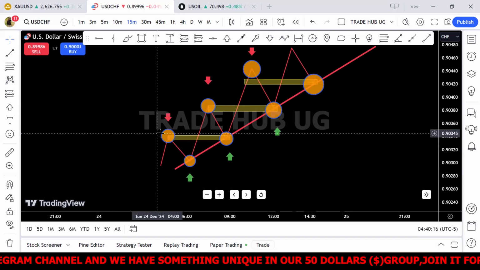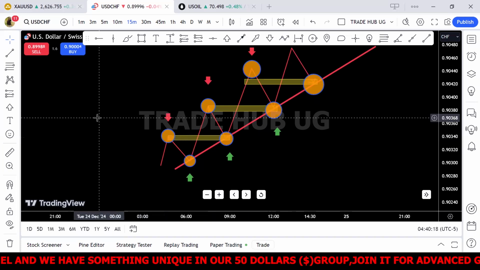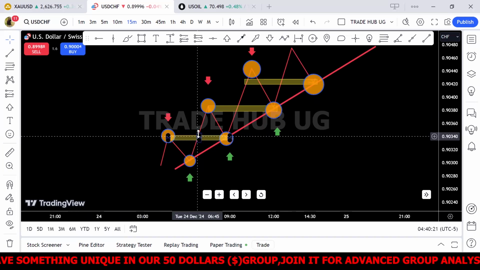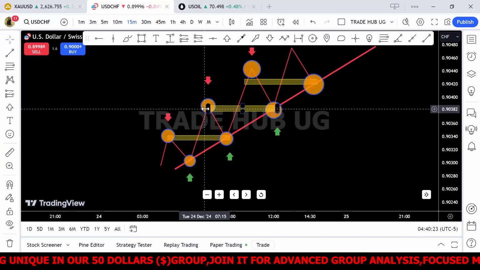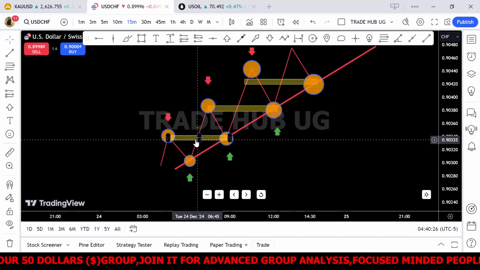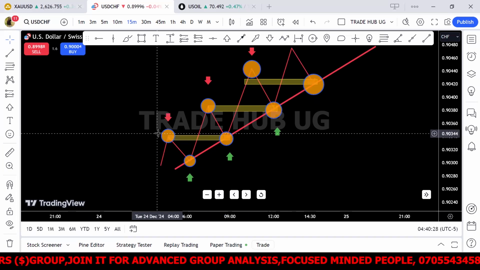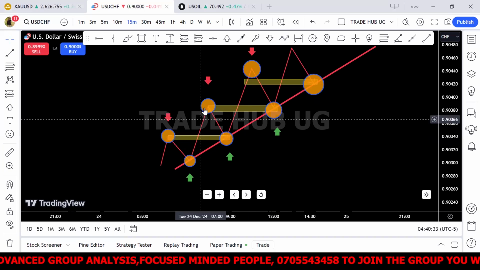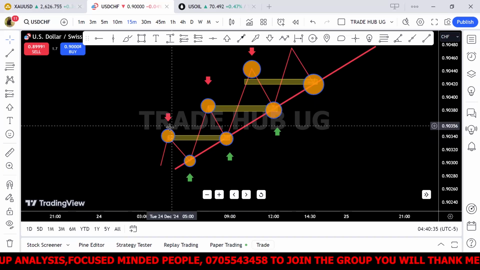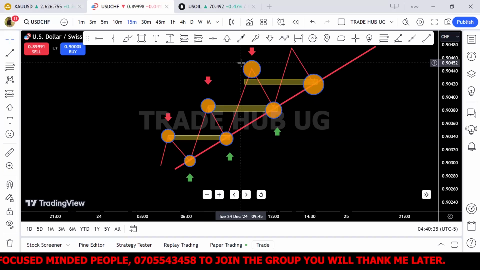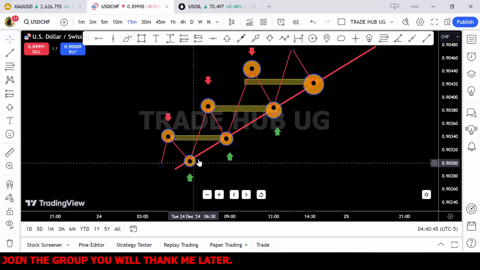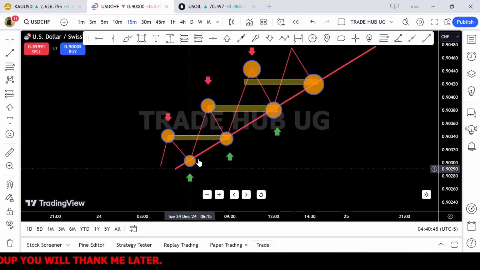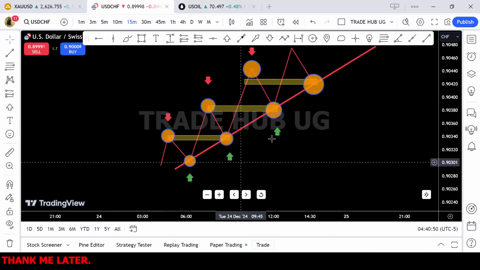Because I told you, to confirm a valid break of market structure, the candle has to close in this moving leg from here to here. The candle body has to close above the previous highs. And after doing so, we shall confirm a higher high. If this is a high, this is a higher high. You understand? This is a higher high, which means these are lows: higher low, higher low, higher low.